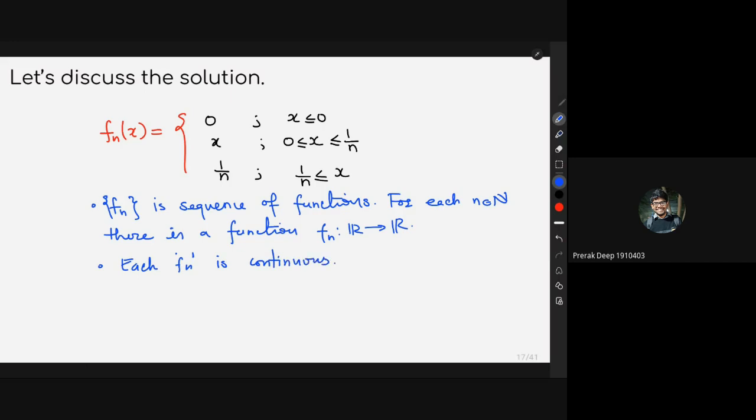A simpler way to understand the continuity of this function is to just draw it. Up to 0, it is just on the axis. Between 0 and 1 over n, it is a straight line. As soon as it hits the point (1 over n, 1 over n), it becomes a constant function again. So that's a continuous function.